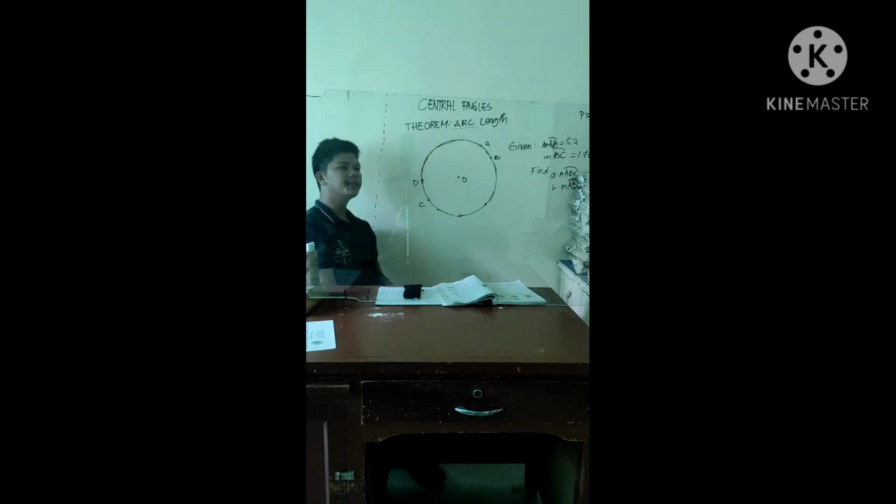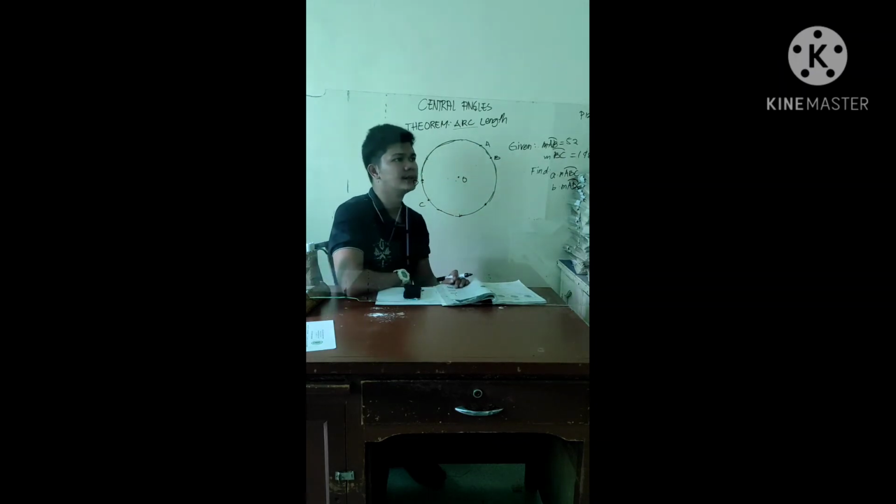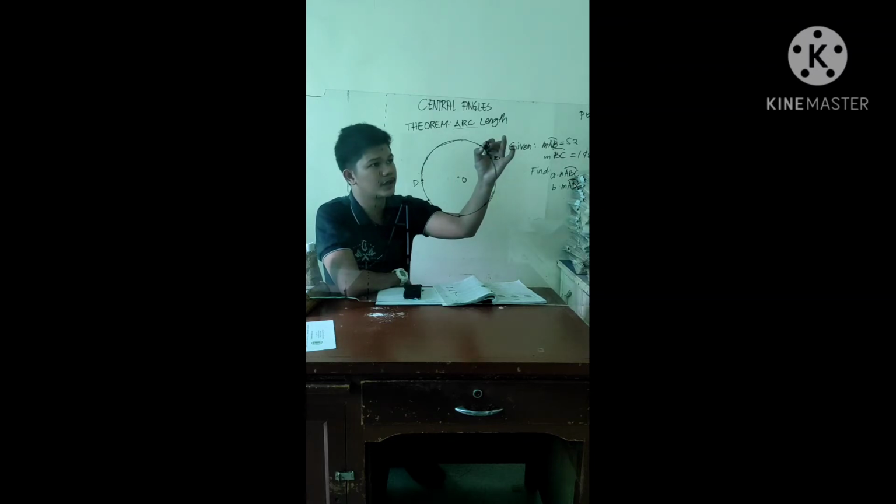So let us find measure of your arc ABC and measure of your arc ADC. In order to find those two, ang gagawin na natin, i-plotting muna natin yung given. So, AB is 52, BC is 148.